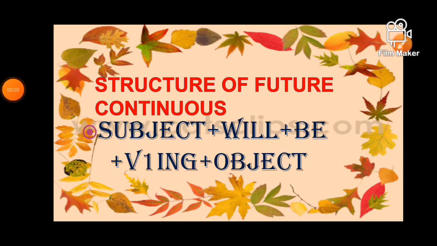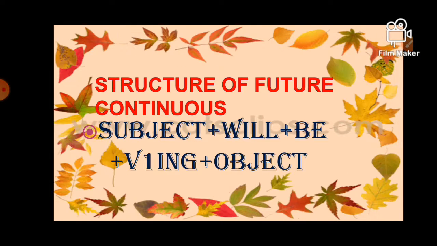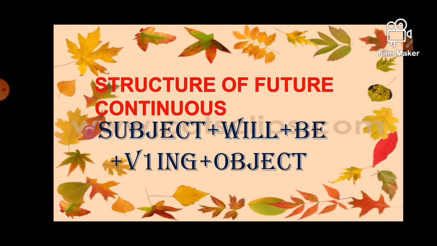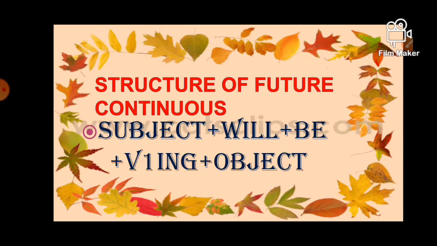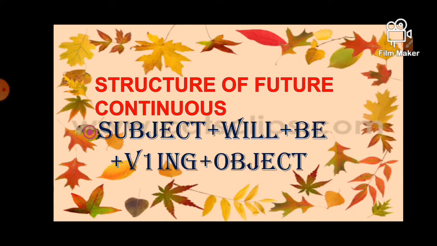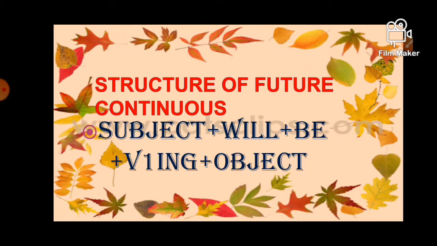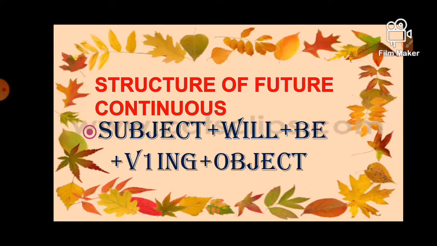So the structure of future continuous tense: subject plus will be plus V1 ing plus object. Guys, here I did not write shall. We can use shall be or will be, but shall is obsolete nowadays. That is why I have written only subject plus will be plus V1 ing plus object.